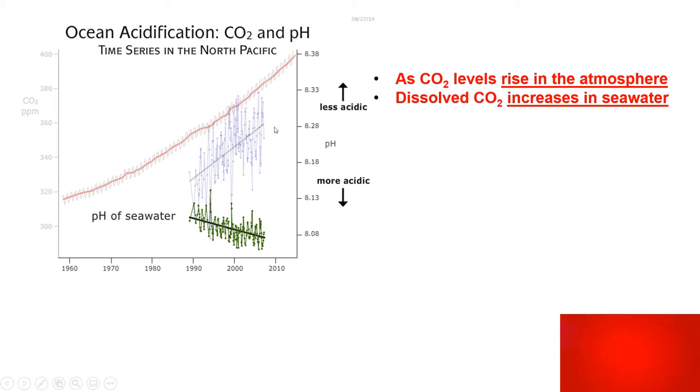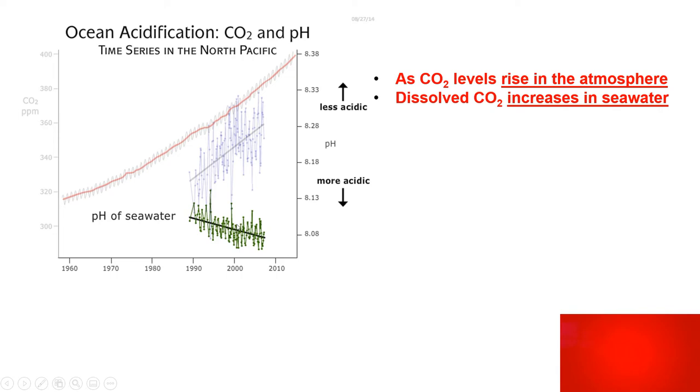So as CO2 levels rise in the atmosphere, dissolved CO2 is going to increase in the seawater. This green line is saying that this is pH. Where these two are going up, this is now going down. Again, I don't really like it when they start midway. You're not starting at 0. This axis is now referring to pH, and it seems to be going down over time.